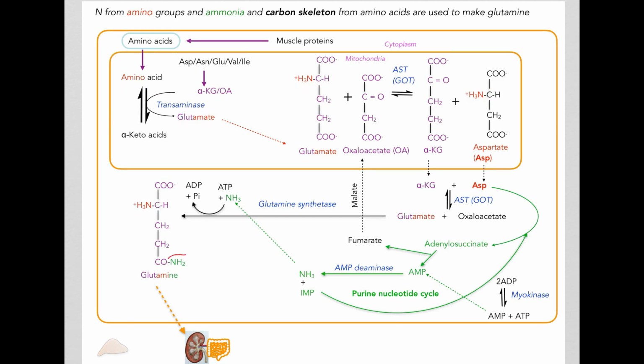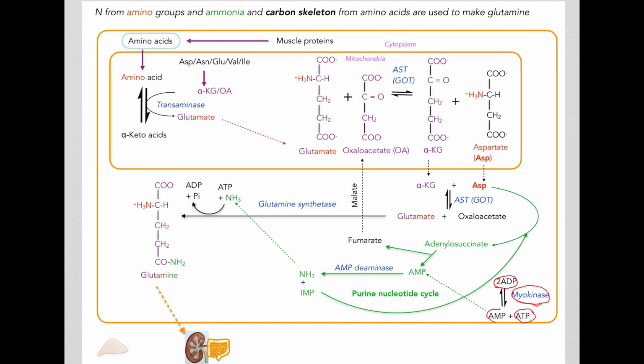Next, let's look at this amine group that is part of the R group of glutamine. Where does this amine group come from? Now, skeletal muscles have this enzyme called myokinase, and this enzyme can basically convert ADP into ATP.